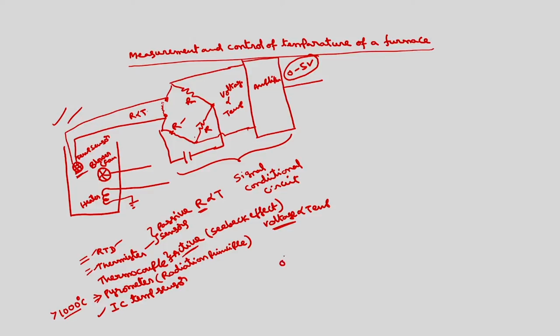For example, 0 degrees can correspond to 0 volts. Suppose I want to measure up to 100 degrees centigrade, then 100 degrees corresponds to 5 volts, and the corresponding digital values will be 00H to FFH. This is how the mapping takes place. This is temperature, this is the analog value, and this is the corresponding digital value if it is unipolar.